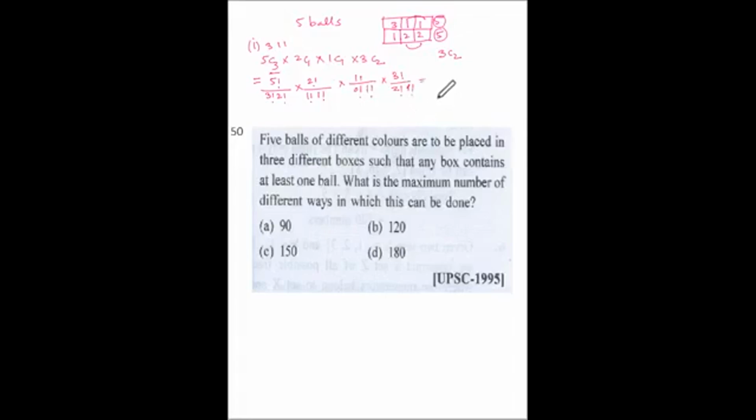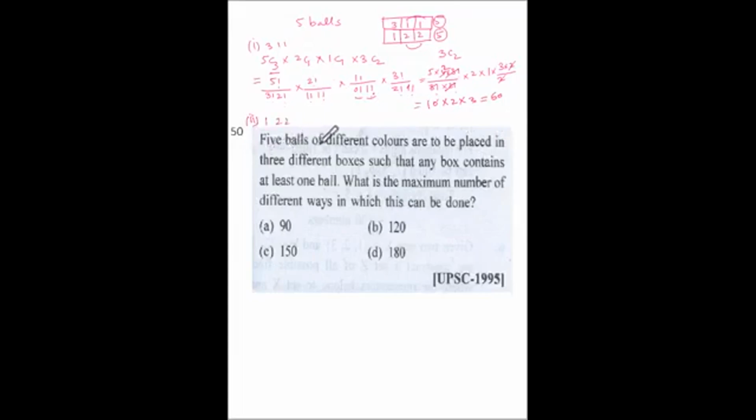So this is equal to 5 into 4 into 3 factorial upon 3 factorial into 2 factorial, into 2 into 1, because 0 factorial is 1, 1 factorial is 1, into 3 into 2 upon 2. So this comes 10 into 2 into 3, which is 60.